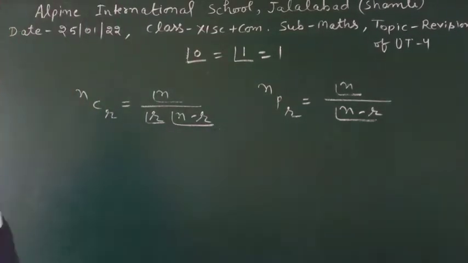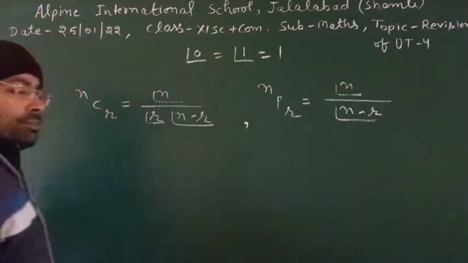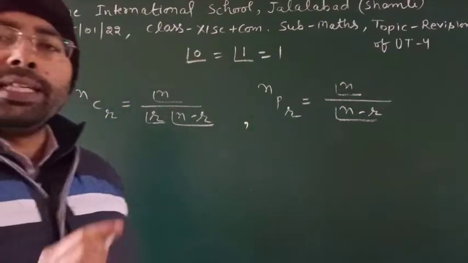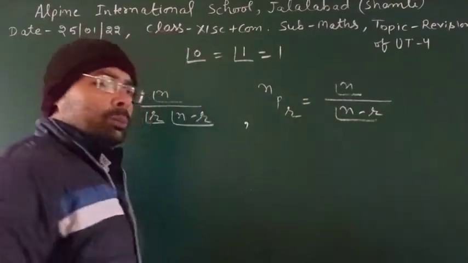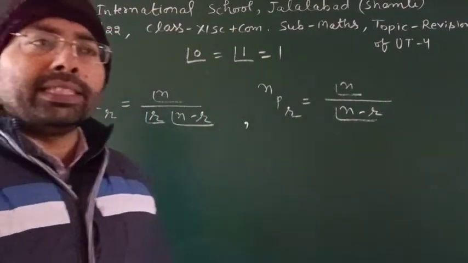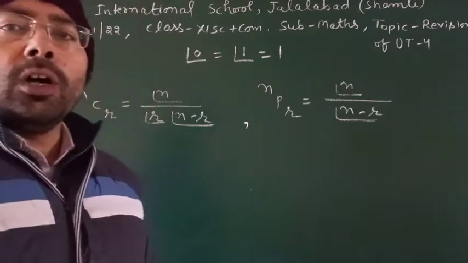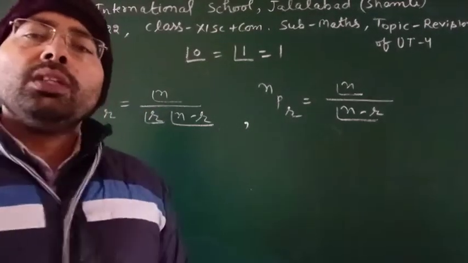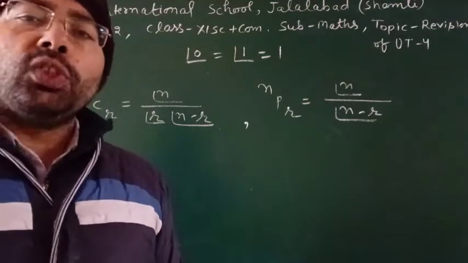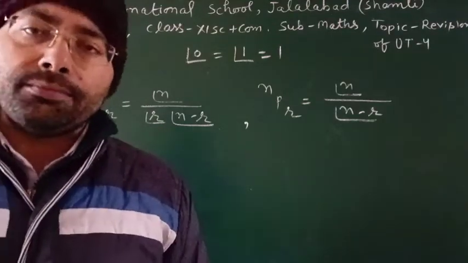Clear? Remember one thing also, that r lies between 0 to n. r means the objects which you are arranging, and the value of arrangement objects lies between 0 to the maximum objects which you have, which you want to arrange.